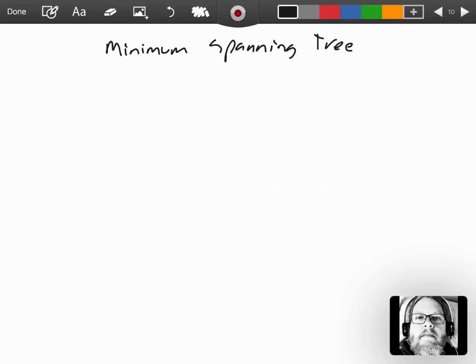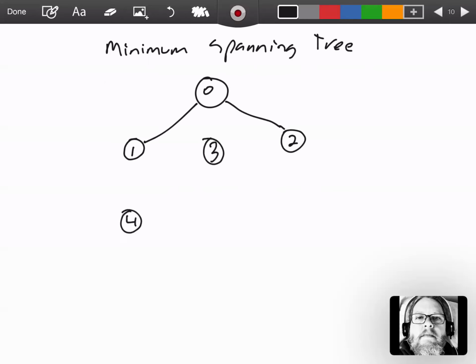The minimum spanning tree is going to be a subgraph that's going to include a way to get to all of the vertices, and it's going to do so in the most efficient or least cost way. The smallest number for the total.